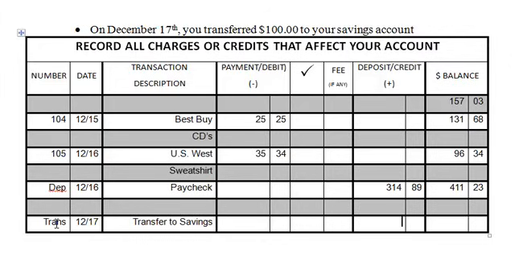And again, this is money leaving our account now. So it goes back under the payment or the debit, and we subtract it to get our current balance. So we now have $311.23 in our account.